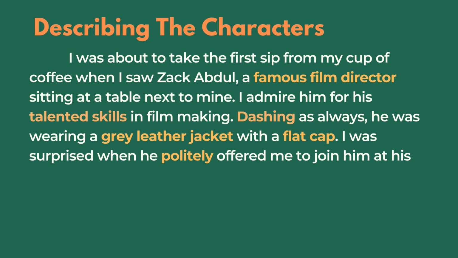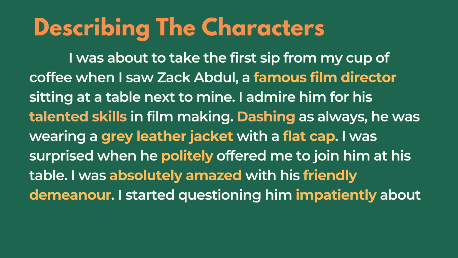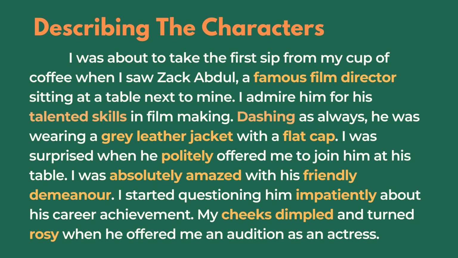I was surprised when he politely offered me to join him at his table. I was absolutely amazed with his friendly demeanor. I started questioning him impatiently about his career achievements. My cheeks dimpled and turned rosy when he offered me an audition as an actress. The highlighted words are the adjectives and adverbs used to tell about the characters.